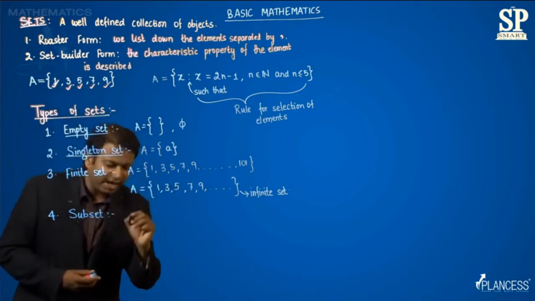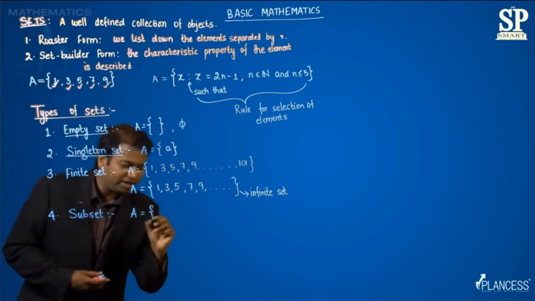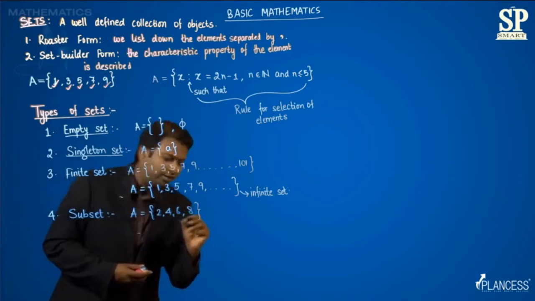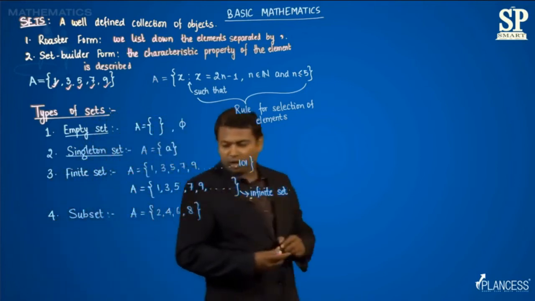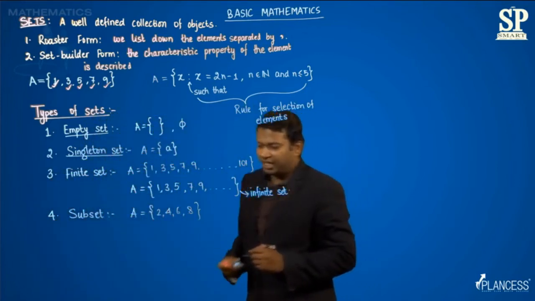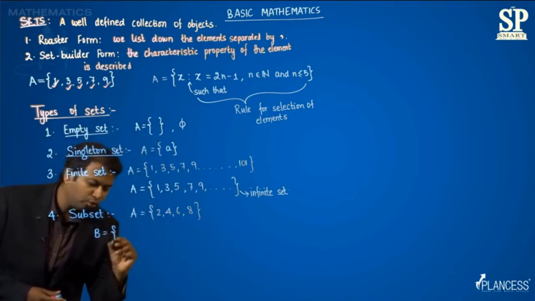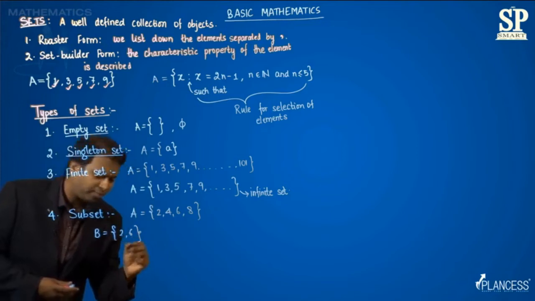Now consider a set A having elements 2, 4, 6 and 8. Now consider another set here which is written as B equal to {2, 6}.